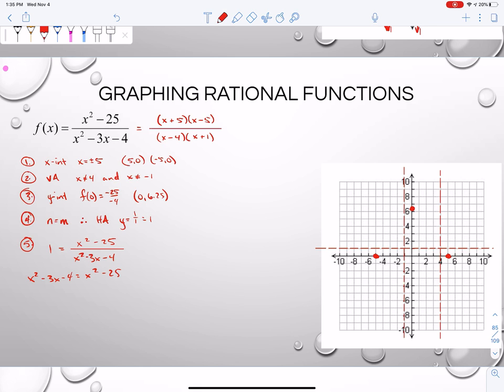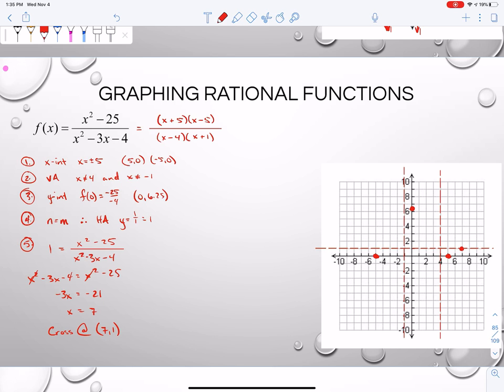When I subtract x squared, they cancel. If I add 4 to both sides, I have negative 3x equals negative 21, or x equals 7. Since I get a solution, I know that I'm going to cross at the point 7, 1. So at the point 7, 1 right here, I'm going to cross that function.